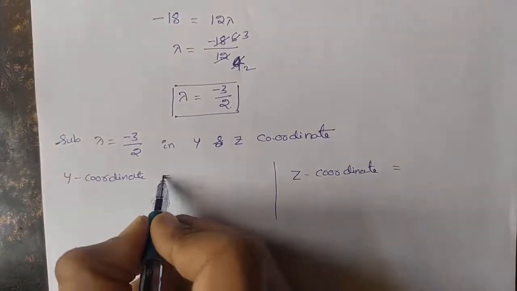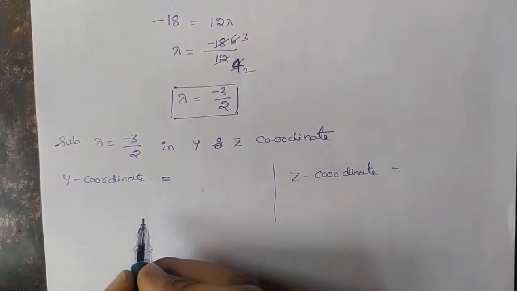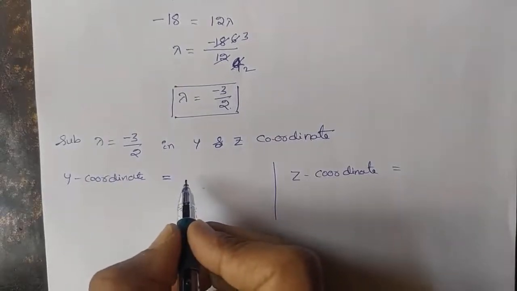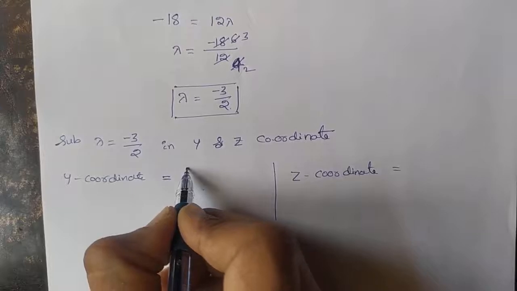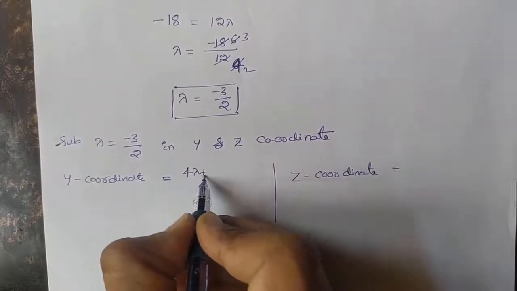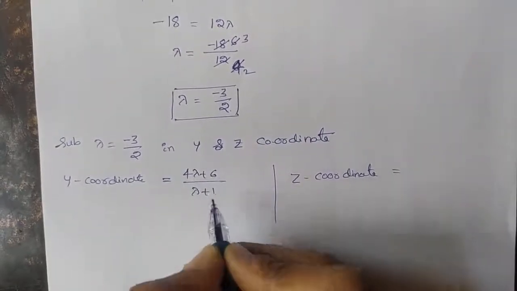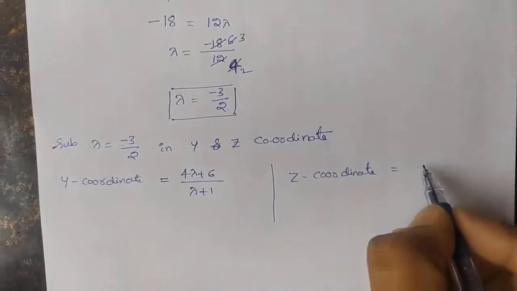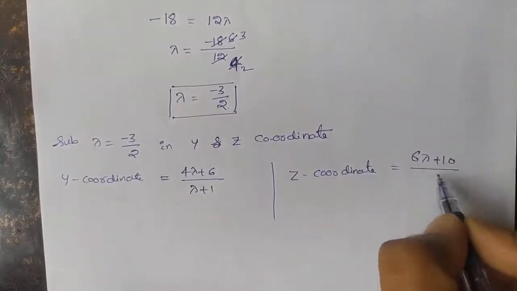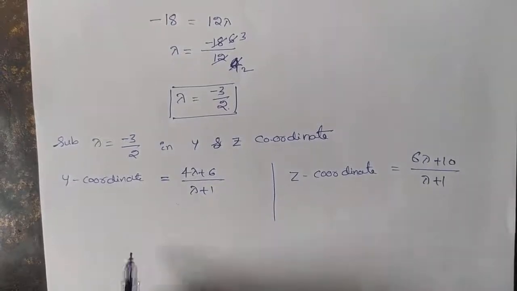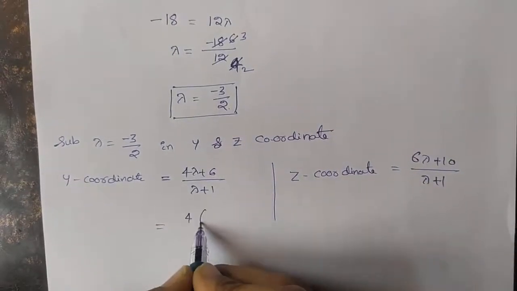You can see the previous step of this question: in the point P we have the coordinates, the y coordinate is (4 lambda plus 6) by (lambda plus 1), and the z coordinate is (6 lambda plus 10) divided by (lambda plus 1).